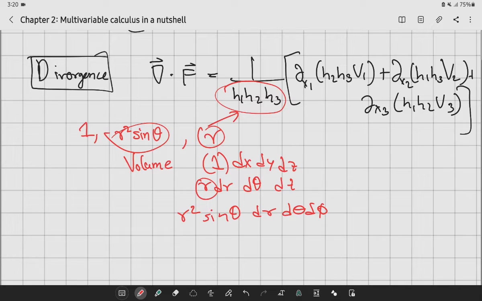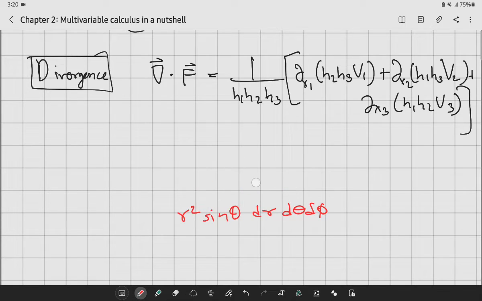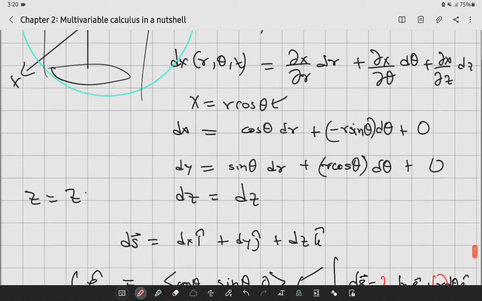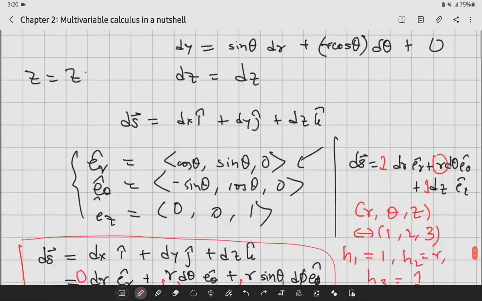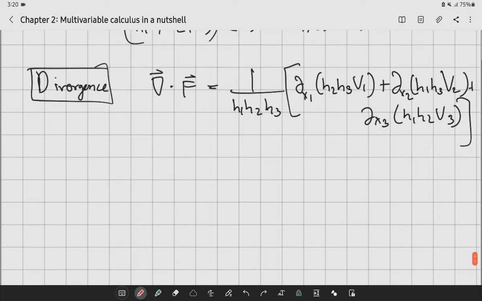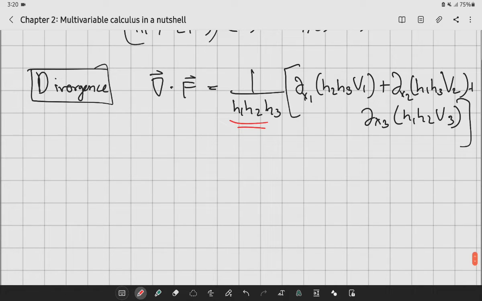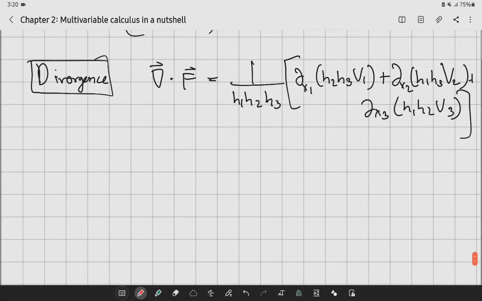So this quantity, h1, h2, h3, is called the volume element. Anyway, this is something that I wanted to mention because it makes sense, because the volume element changes as well. And this is the factor, the h1, h2, h3. This gives you the factor by which it changes. And again, this h1, h2, h3 is related to the Jacobian. Well, okay, let's move on.